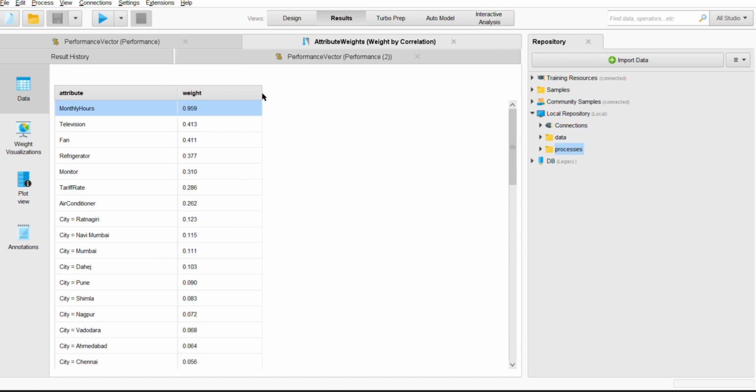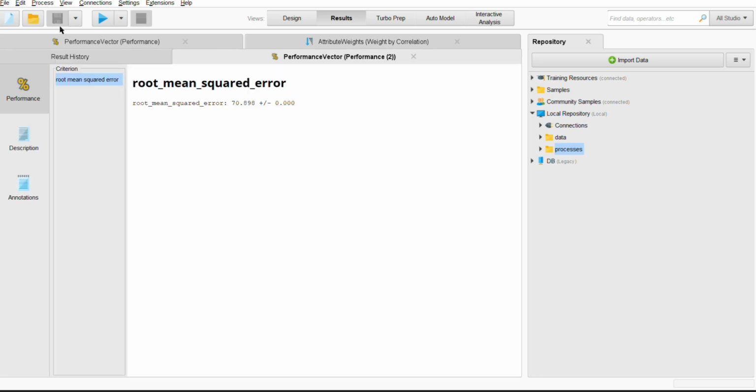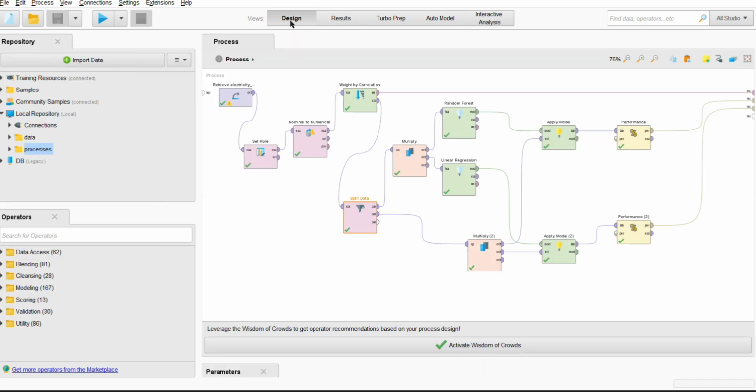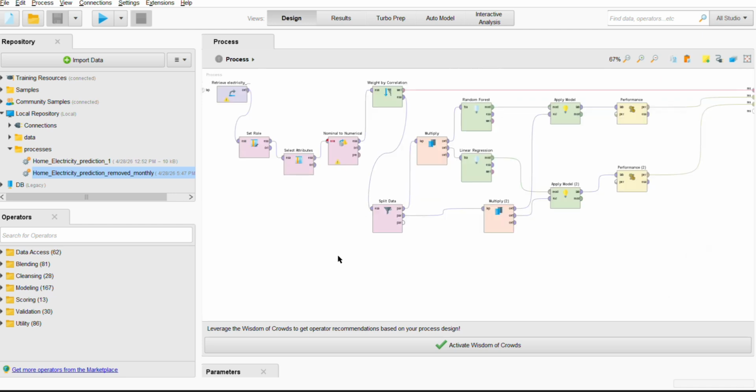We have introduced two models. In one we used monthly hours, city and company name, and in another we removed the city and monthly hours, to check accurately whether our model is actually calculating correctly.